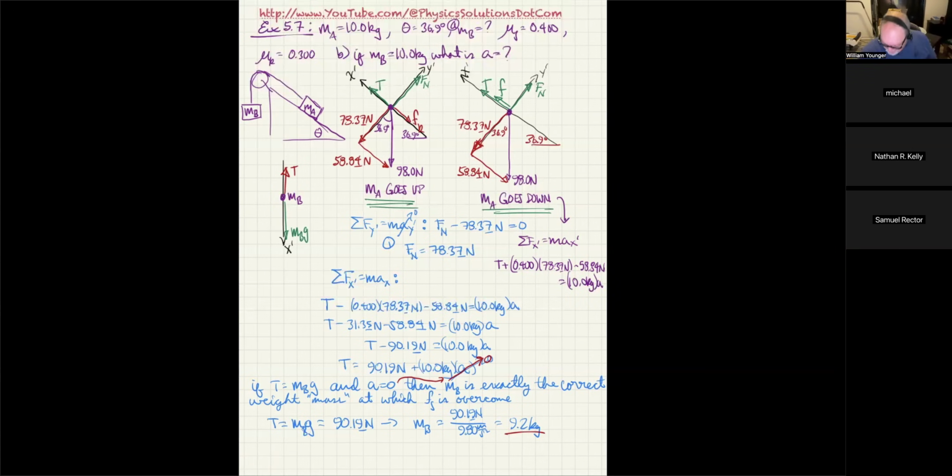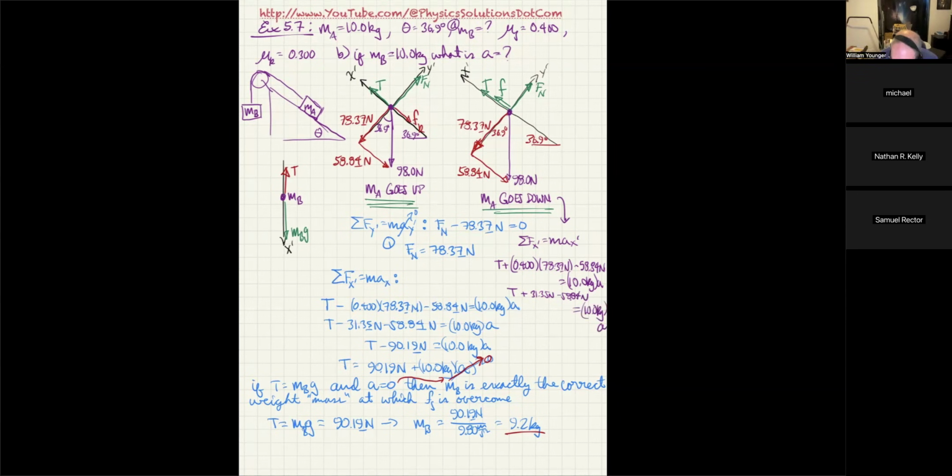So in this case, we can simplify a little bit. 0.4 times 78.37, we already know what that is. So this is going to be T plus 31.35 newtons minus 58.84 newtons is equal to 10.0 kilograms times a.